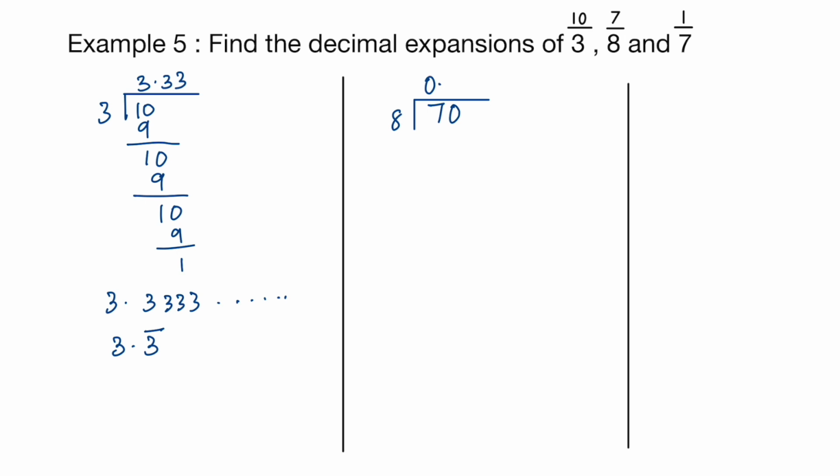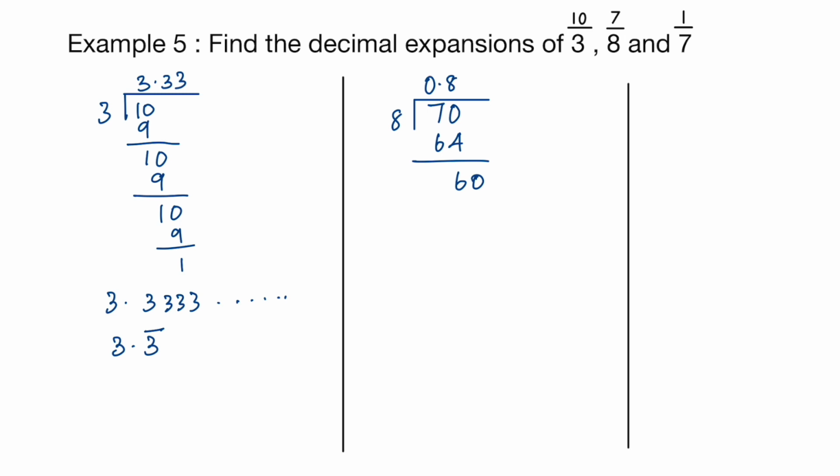We know that 8 times 8 is 64. So the quotient here would be 8 and that would give you 64, and that would give us a remainder 6. Now again 6 wouldn't go, so you take a 0.